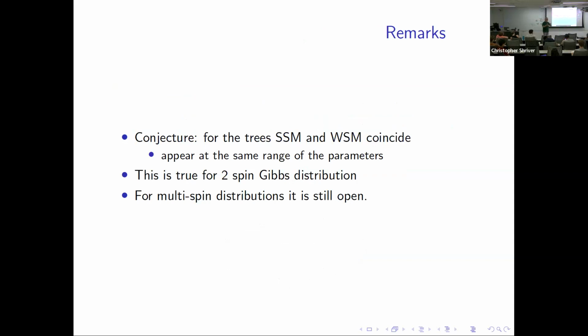It means that these two phenomena somehow appear for the same region of the parameters of the Gibbs distribution. We know that this is true for two-spin distributions like the hardcore model or the Ising model. For multi-spin distributions, when we have more than plus and minus, but we have more spins, then it's still open. We are looking into it.